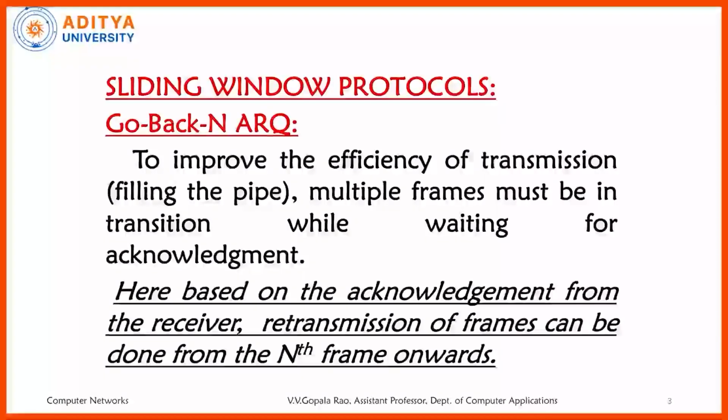In this sliding window, let us say you have a total number of frames which is 7. Now we decide that the window should not have more than 4 frames.